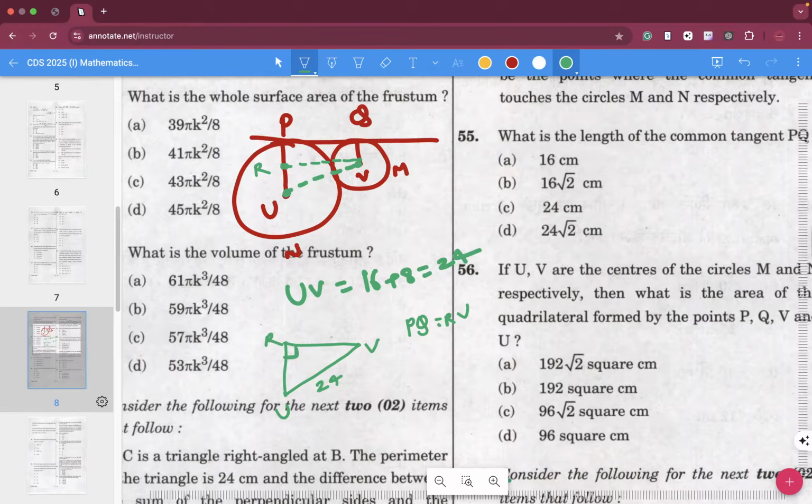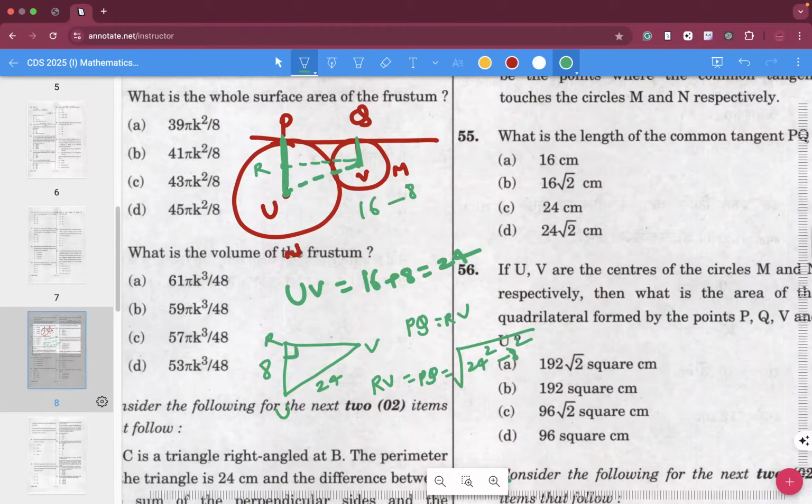Now what is the value of RU? The value of RU is this radius PU, 16, minus this particular radius, which is 8 over here. So what is the value of RV, or otherwise PQ? This is root under 24 square minus 8 square.